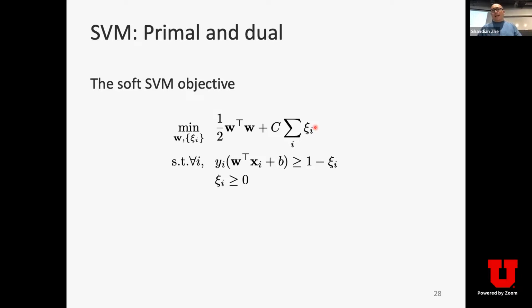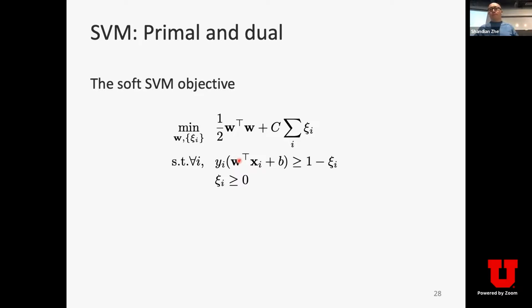And to allow such flexibility, we introduce a slack variable xi, which is non-negative, and we add the constraint that for every training example, the function margin is no less than 1 minus xi. So if xi is strictly positive, then 1 minus xi will be less than 1. That means that training point could be inside the margin or intrude into the margin, right?